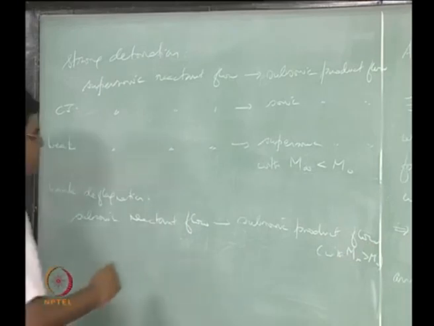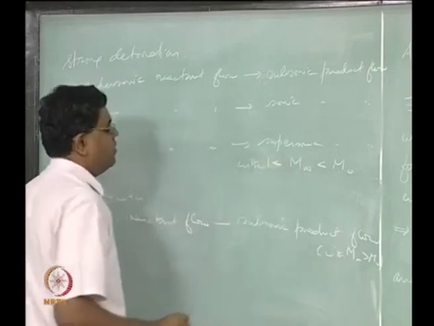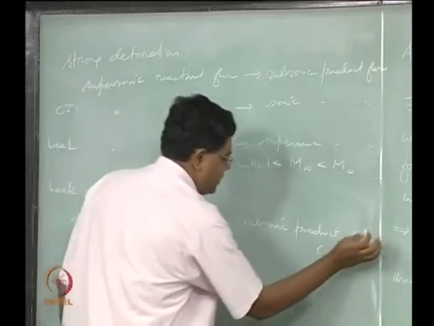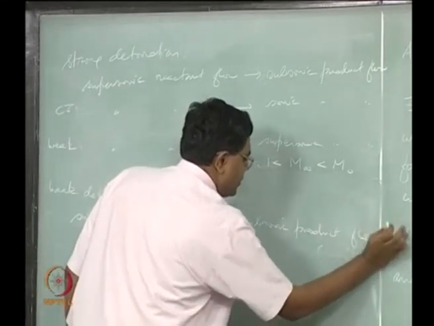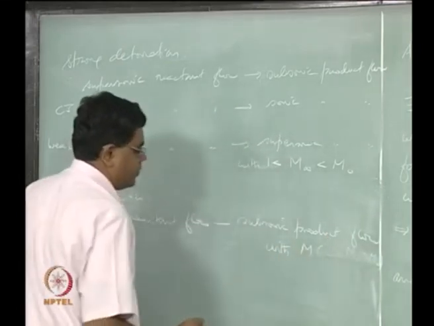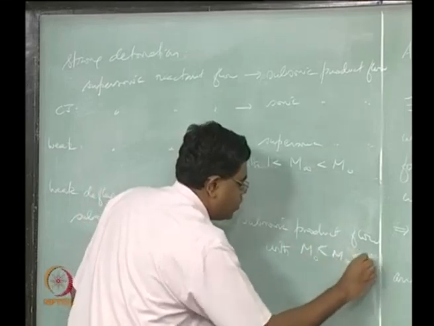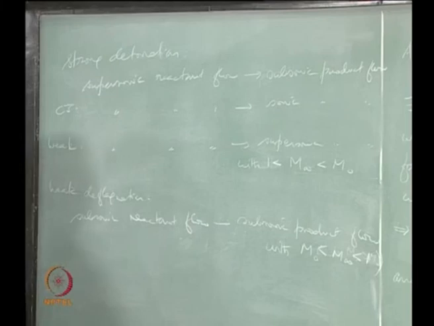So strictly speaking, for the previous case we should say with 1 less than m infinity less than m naught. Here we should say with m naught less than m infinity less than 1, right, is what we should say.